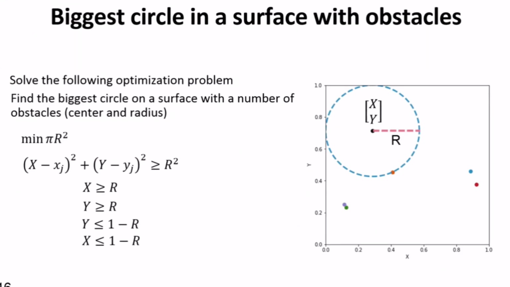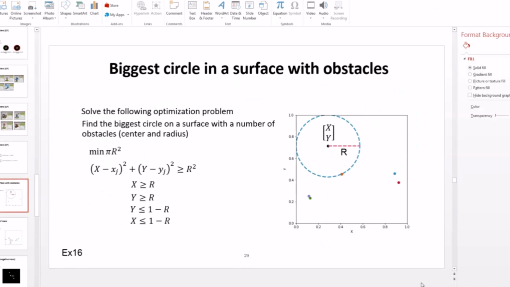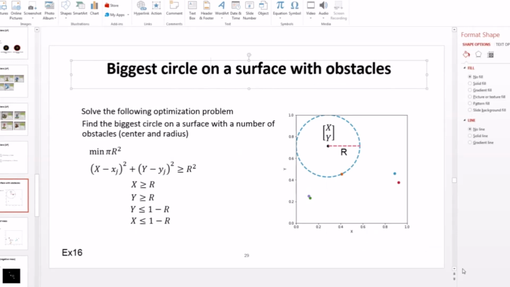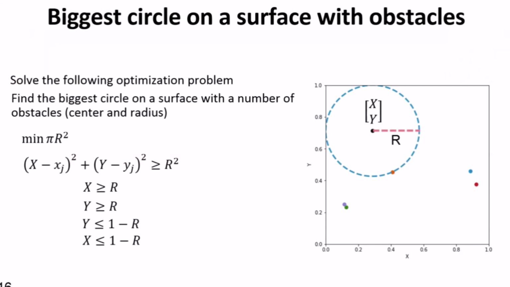Okay, this example is referring to finding the biggest circle on a surface with some obstacle. So suppose we do have a given surface.